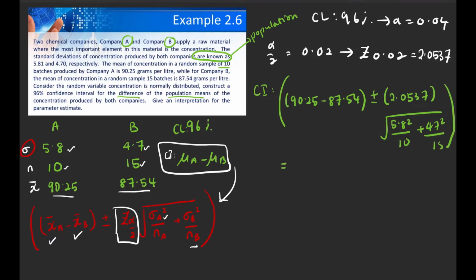Okay, then you put it into your calculator carefully. You will get the answer: lower limit negative 1.8120 and the upper limit is 7.2320. Don't forget the unit gram per liter.